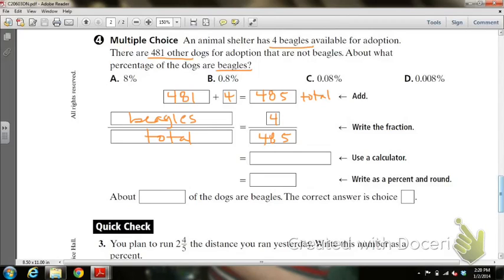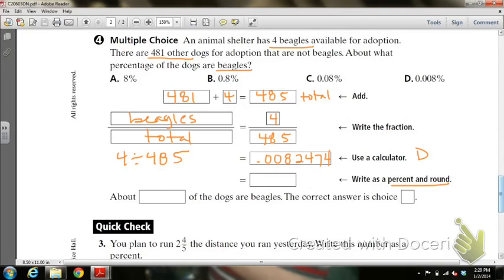And now they want you to divide this, so you'll do 4 divided by 485, and they're telling you to use a calculator. If you do that, you get a really long decimal, 0.008247, and we're going to write this as a percent.